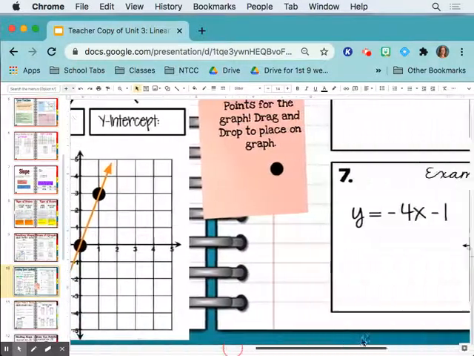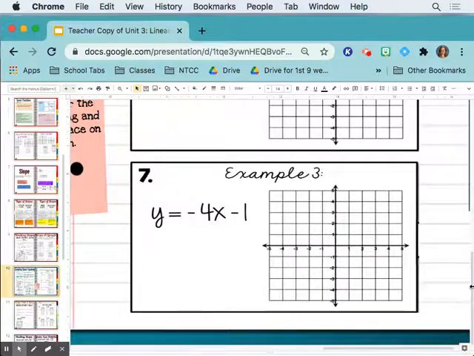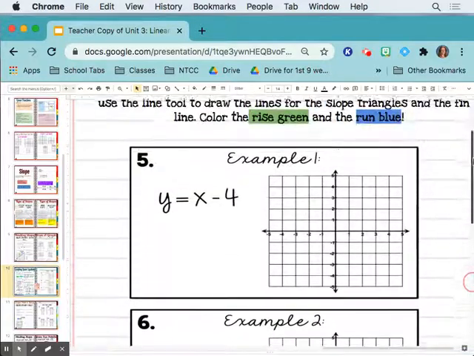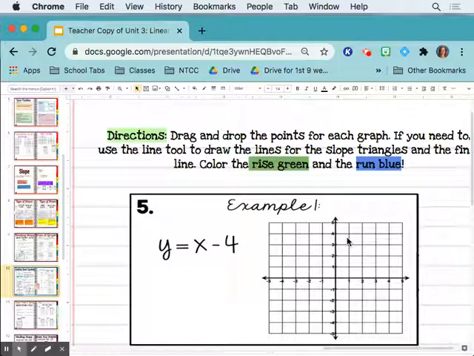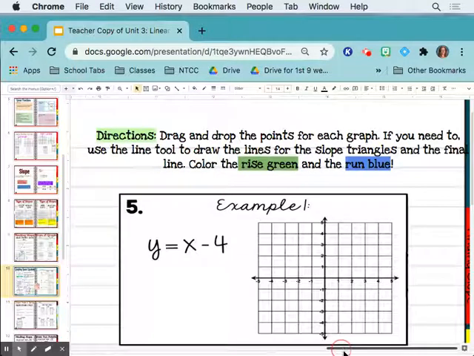So we just have some examples over here. It says drag and drop the points for each graph. If you need to, use the line tool to draw the lines for the slope triangles and then the final line. Color the rise green and the run blue.